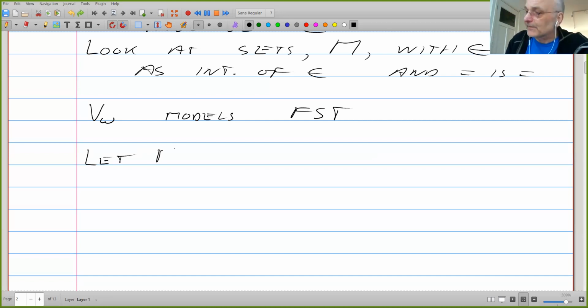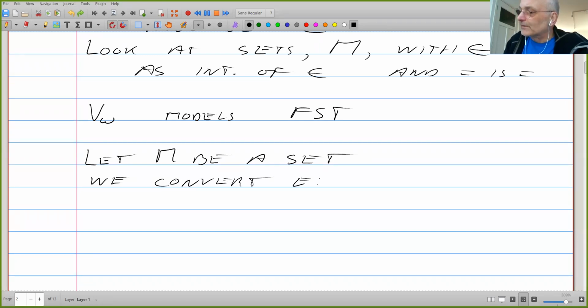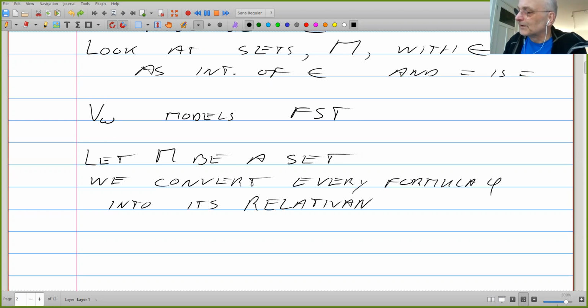So let M be a set. We convert every formula into its relativization to M. I think this word was not in the title of today's lecture, but it should have been there.